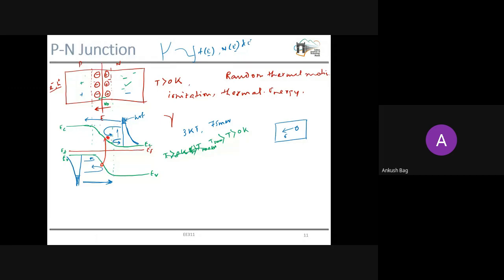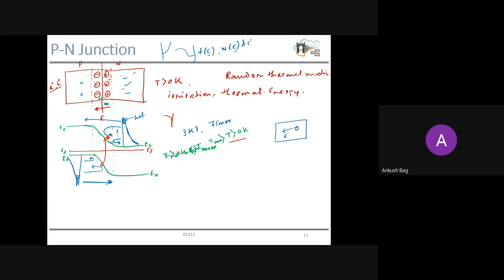This excitation could have electrons moving from the valence band to the conduction band, and this is within the depleted portion. Remember, this is the depletion region. In this depletion region there should not be any carriers, because it is depleted of mobile carriers. Now, whenever we keep our semiconductor at greater than 0 Kelvin temperature, there could be electron hole pair generation within the depletion region.